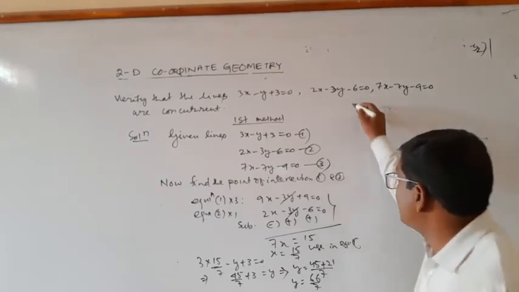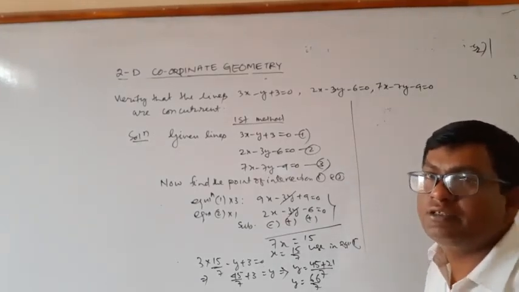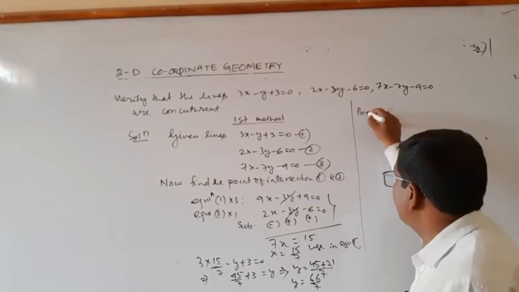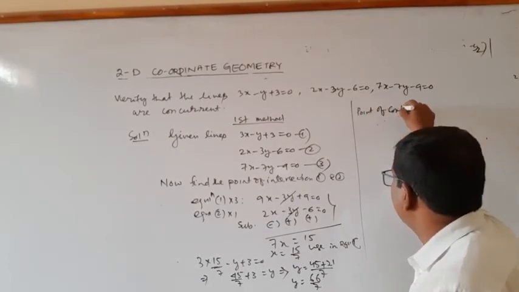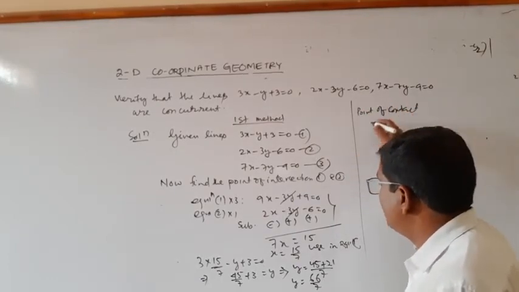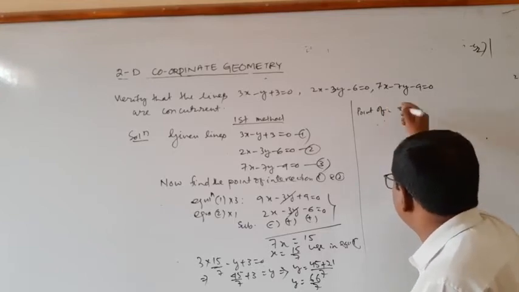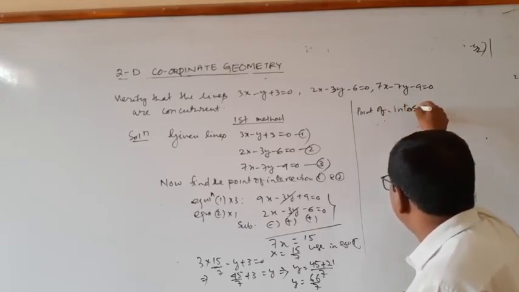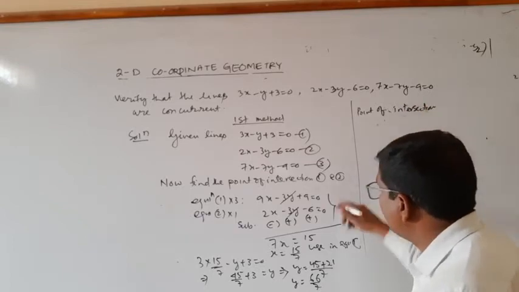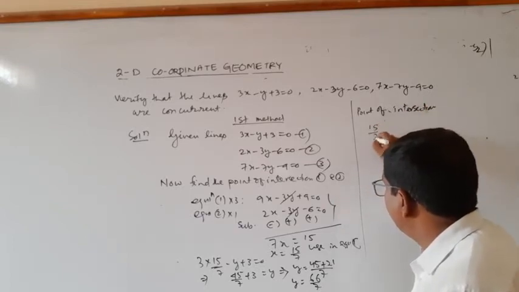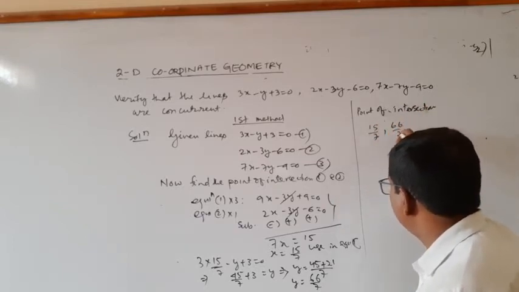So the point of contact, that is point of intersection, not contact, point of intersection, is 15 by 7, 66 by 7.